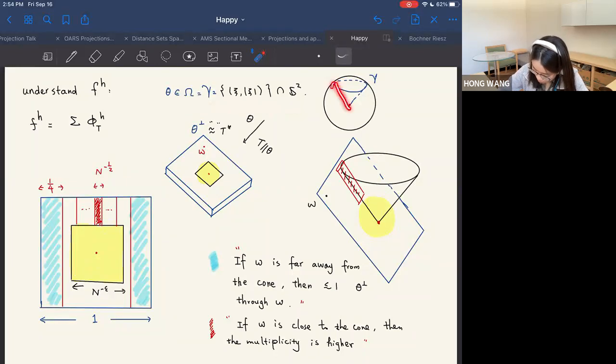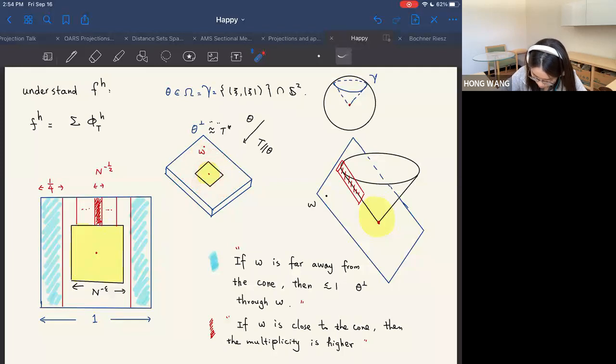So now our theta lies on this gamma. Then what is the theta perpendicular? The high frequency part of F will be supported on this slab, minus a small ball centered at the origin.